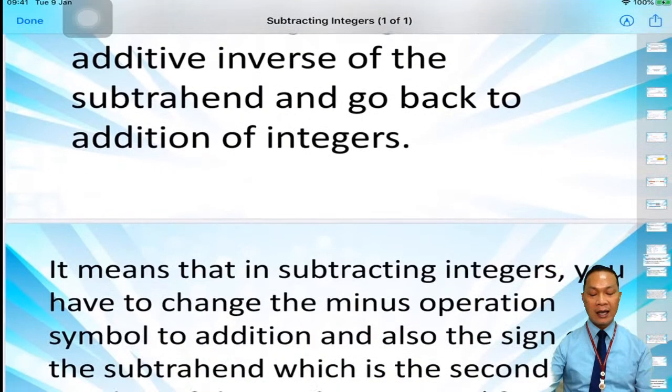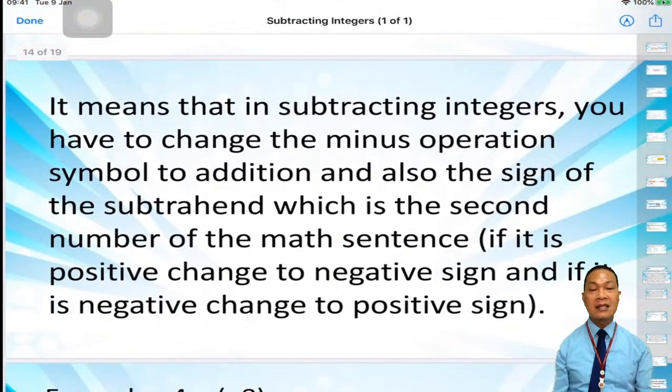It means that in subtracting integers, you have to change the minus operation symbol to addition and also the sign of the subtrahend, which is the second number of the math sentence. So if the sign of the subtrahend is positive, you have to change it to negative sign. And if it is negative, you have to change it to positive sign.